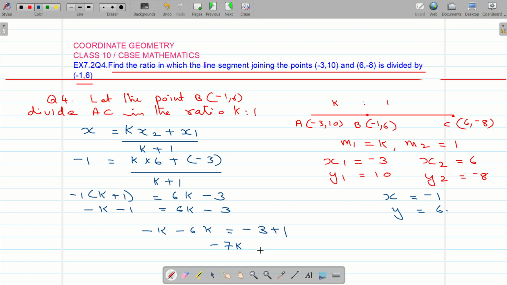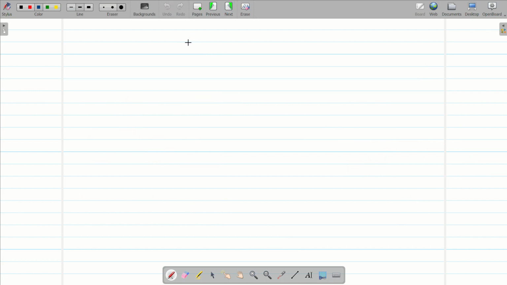Minus 7k is equal to minus 2. Therefore, k is equal to minus 2 by minus 7. We can remove the minus sign. It will become 2 by 7.